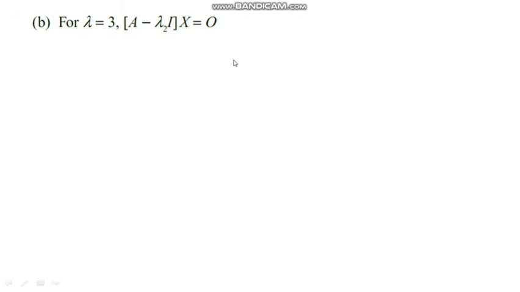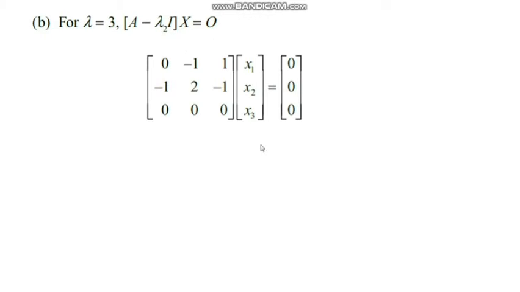We have to find the second eigenvector of the matrix A corresponding to the eigenvalue lambda equals 3. According to the eigenvector definition, we have A minus lambda 2 times I times x equal to O, where x is the eigenvector, O is the zero vector, and lambda 2 is the eigenvalue, that is 3 only. We have the homogeneous system.